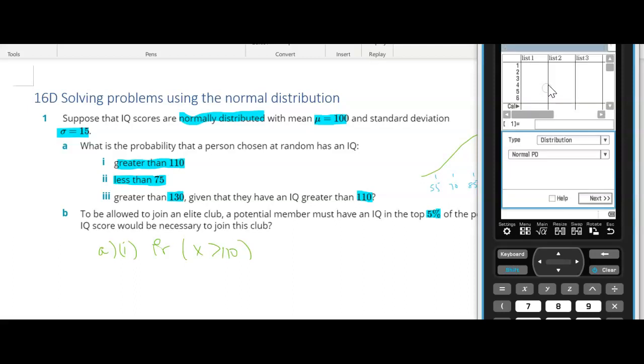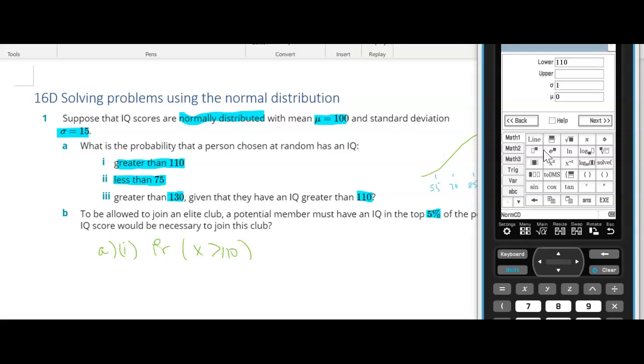All right, so normal CD. Your lower bound, if we're greater than 110, is 110. And our upper bound is infinity. So keyboard, and we're just going to use the infinity symbol. Standard deviation, so don't get your standard deviation and mean the wrong way around. Our standard deviation is 15 and our mean is 100.